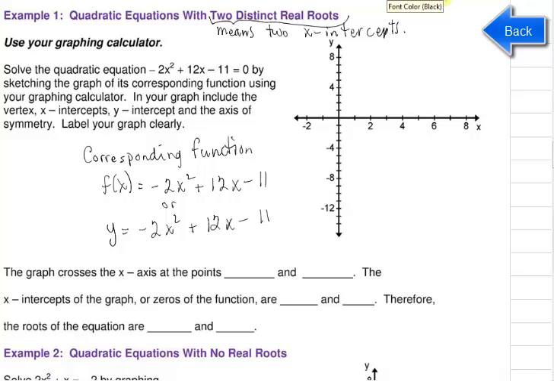Alright, so we have a vertex at (3, 7). We have one x-intercept at 1.1, and our second x-intercept is at 4.9. We have a y-intercept at -11.